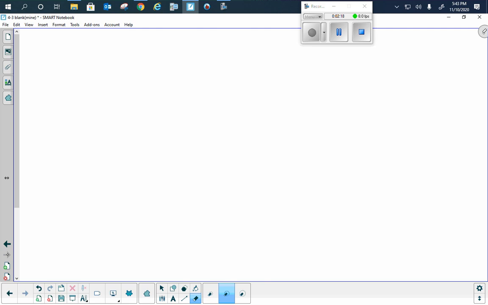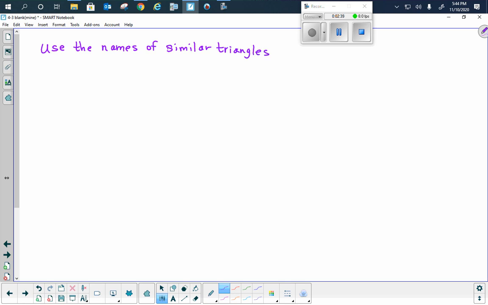All right, next, go ahead and write down these directions for yourself. Use the names of similar triangles to do the following.